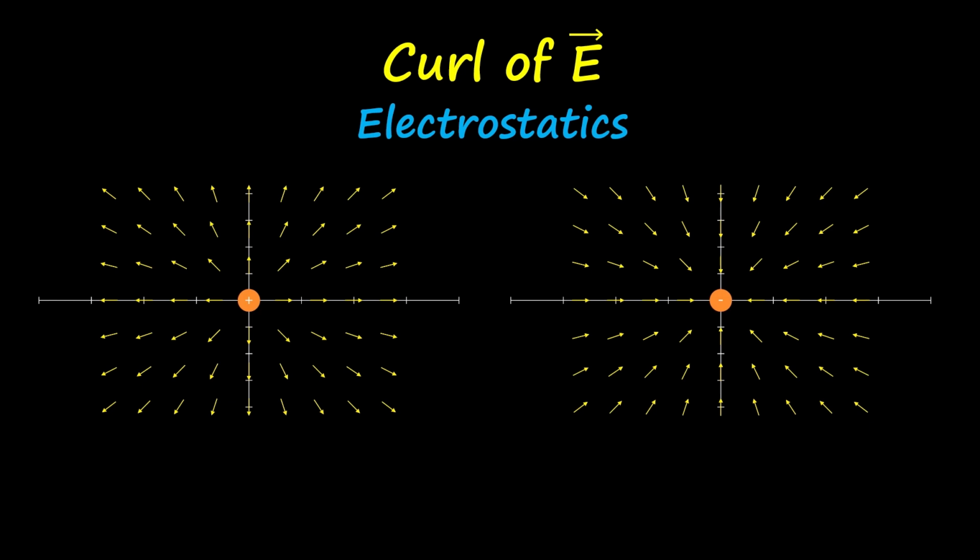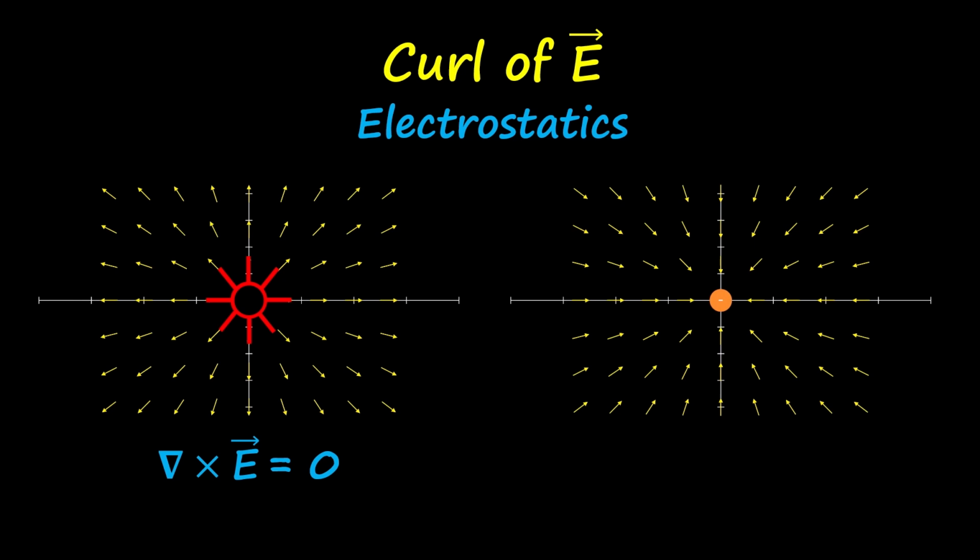Now, let us imagine a hypothetical mini paddle, and I'm placing it at the origin. If this mini paddle starts circulating, that means the curl of E will be non-zero. But by seeing the field pattern, we can easily say that this mini paddle will not circulate. So the curl of electric field vector will be 0.